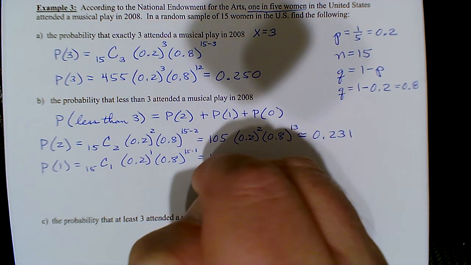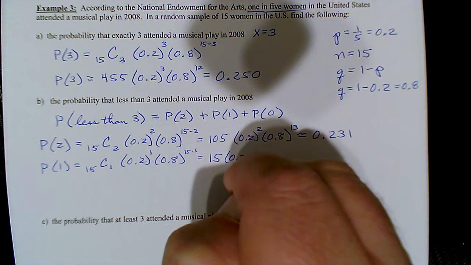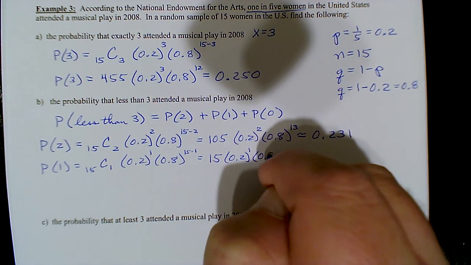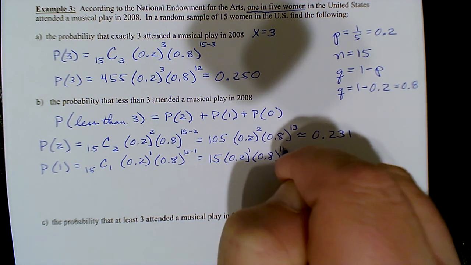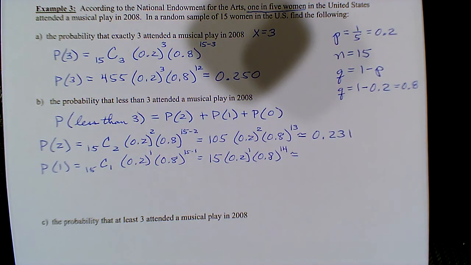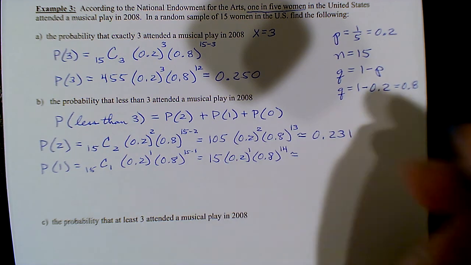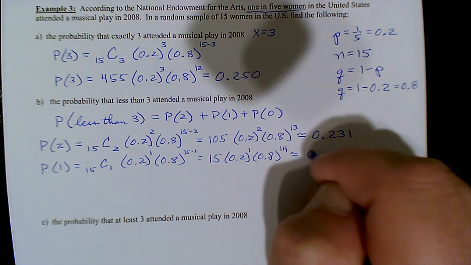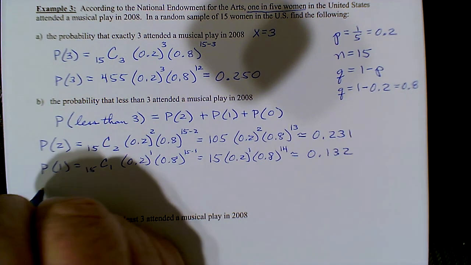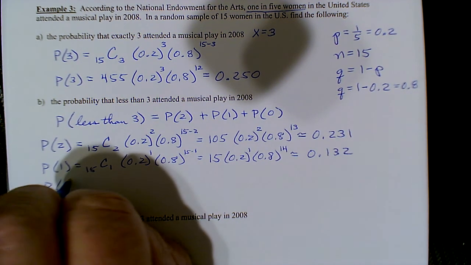So 15, and then times 0.2 to the first, or just 0.2, and then times 0.8 to the 14th. And so we get 0.1319, which I'll just round to 0.132.